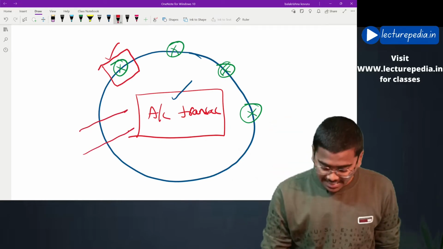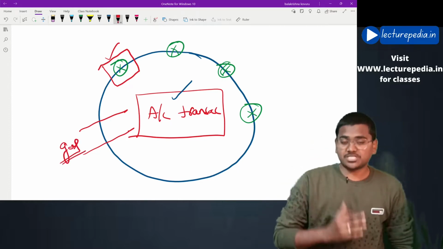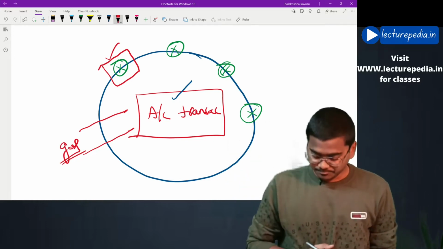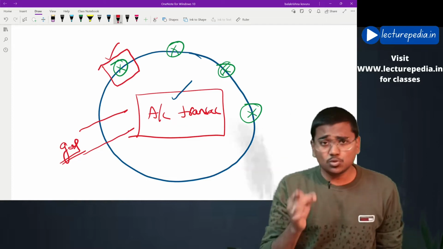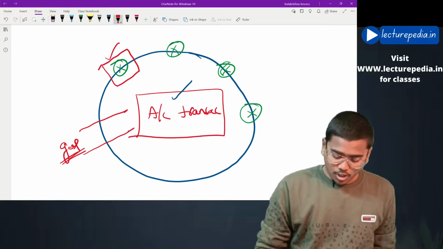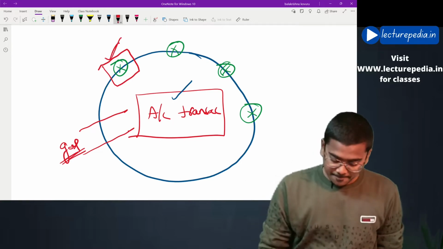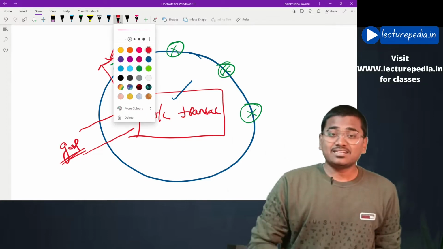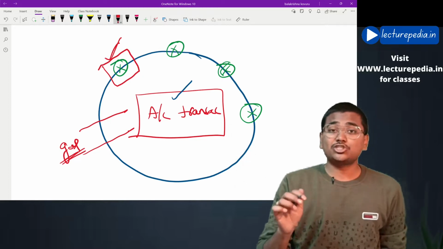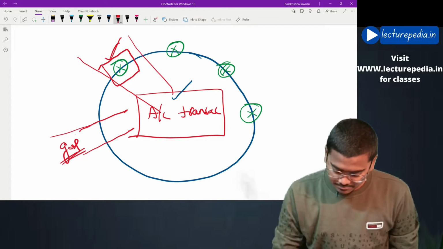We'll be calling it a gap. The auditor will identify gaps, the areas where controls are not at all implemented. Now, what is the use of identifying these types of gaps or ineffective controls? The use to the auditor is that the auditor can directly perform his substantive procedures on the transactions of this area.